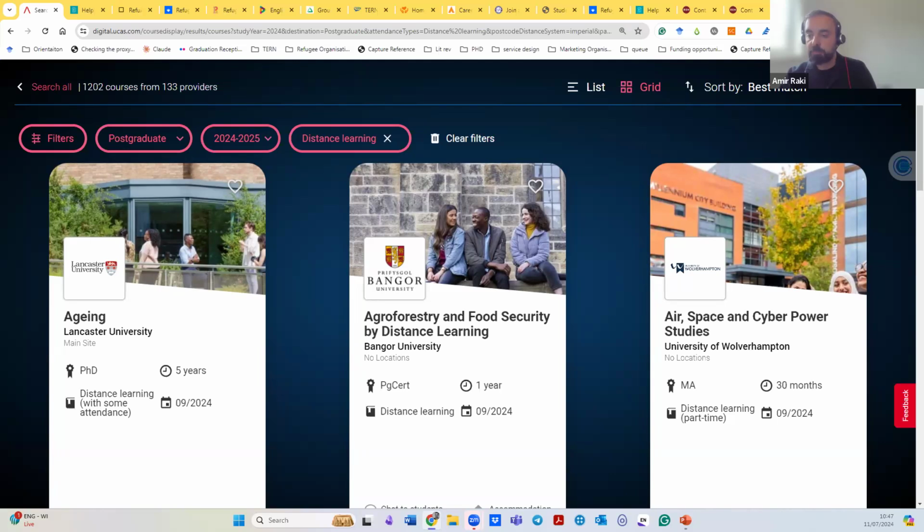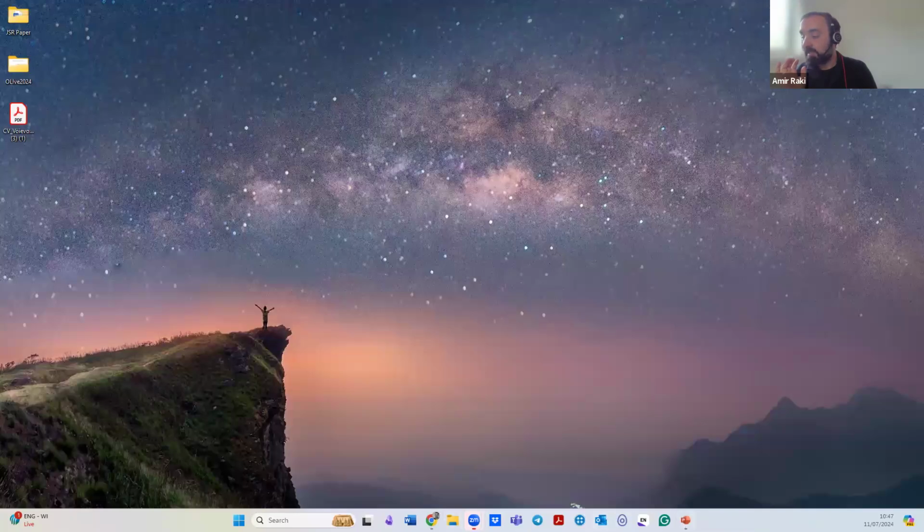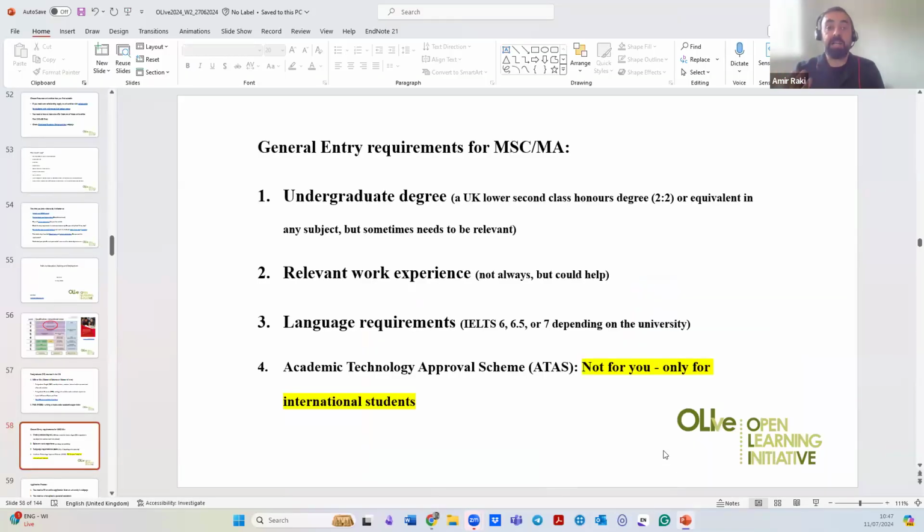There is a question: applicant can do any course but not accountant. Well, no, that's not the case, Wilfried. It's not about that. On the University of Manchester web page, if you would like to do accounting, you need to have a relevant accounting degree. It doesn't mean that you can do any other course. Even if you want to do engineering, you need to have an undergraduate engineering degree.